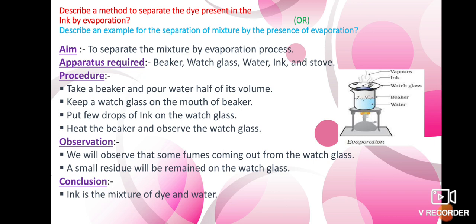So you have to follow this method for your exams. You have to write aim, apparatus required, procedure, observation, and last, the conclusion, what you have observed in the experiment. Okay students, please note it in your notebooks.